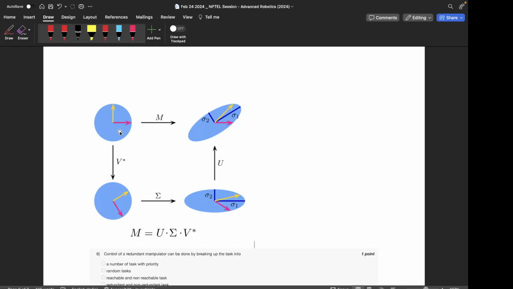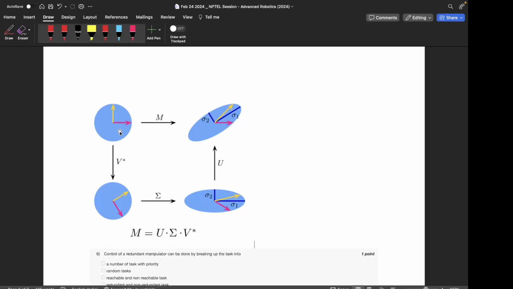Any matrix M can be written as a multiplication of three matrices, typically denoted as U times sigma times V transpose. And this V star is a more generic expression, the notation we use for complex matrices, right?